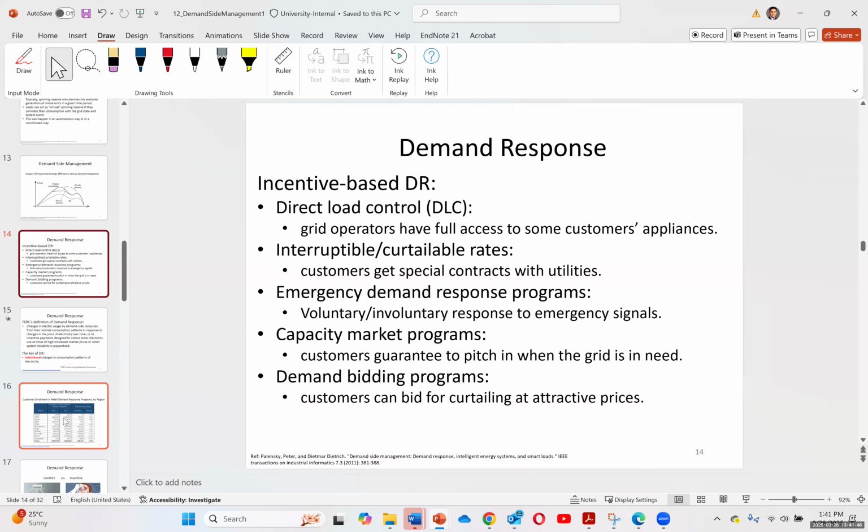And then we have emergency demand response programs, which are involuntary response to emergency signals. We have capacity market programs. Customers guaranteed to pitch in when the grid is needed. And we have demand bidding programs, where customers can bid for curtailing at attractive prices.